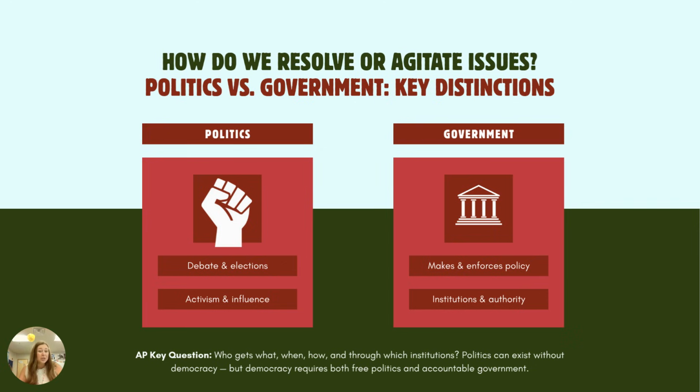Application of force hopefully doesn't happen all that often in a free democratic government. But I think of force when it comes to things like money, right? Force could look more like the influence of money. I helped fund your campaign.